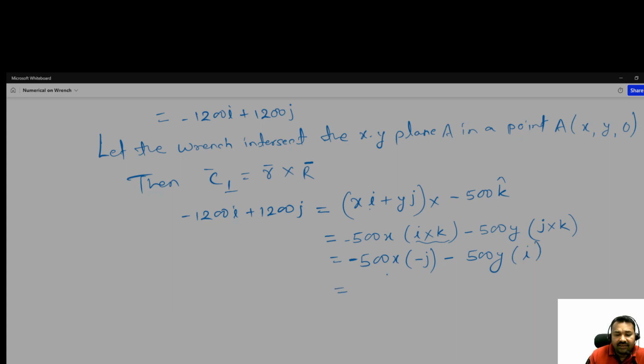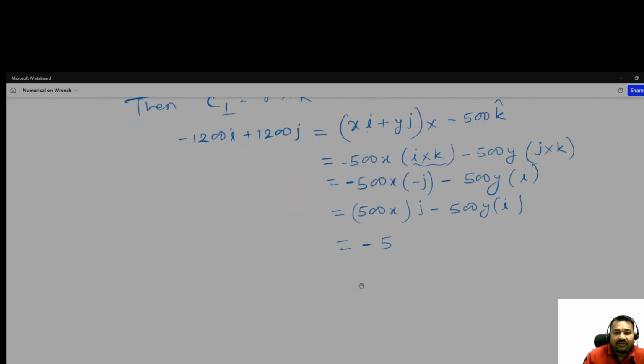So we can write it 500 X J and minus 500 Y I. So minus 500 Y I plus 500 X J, and it is equal to minus 1200 I plus 1200 J.